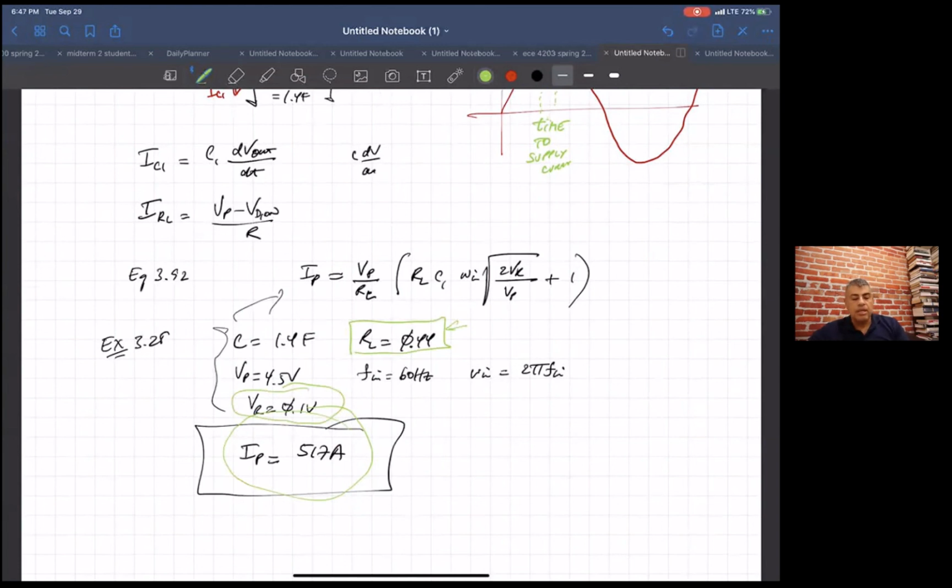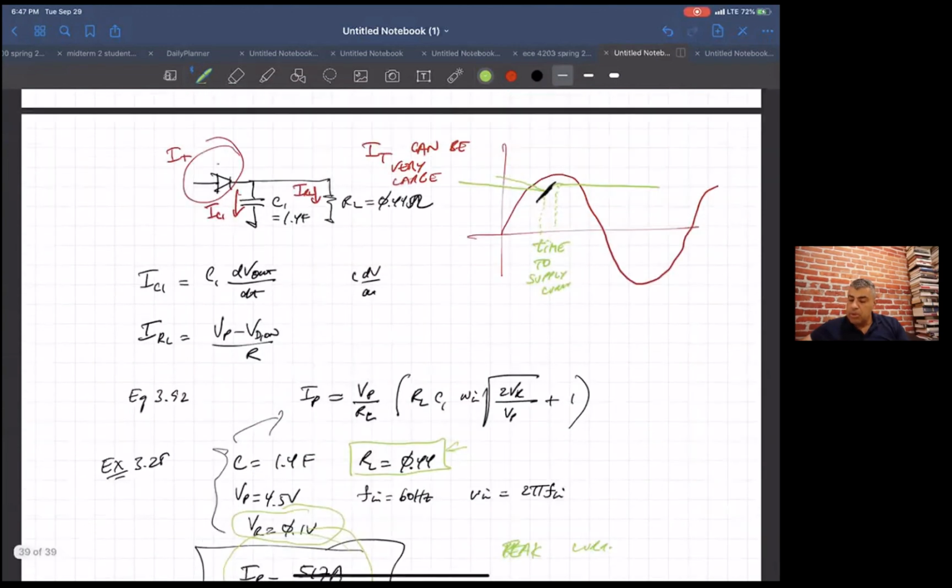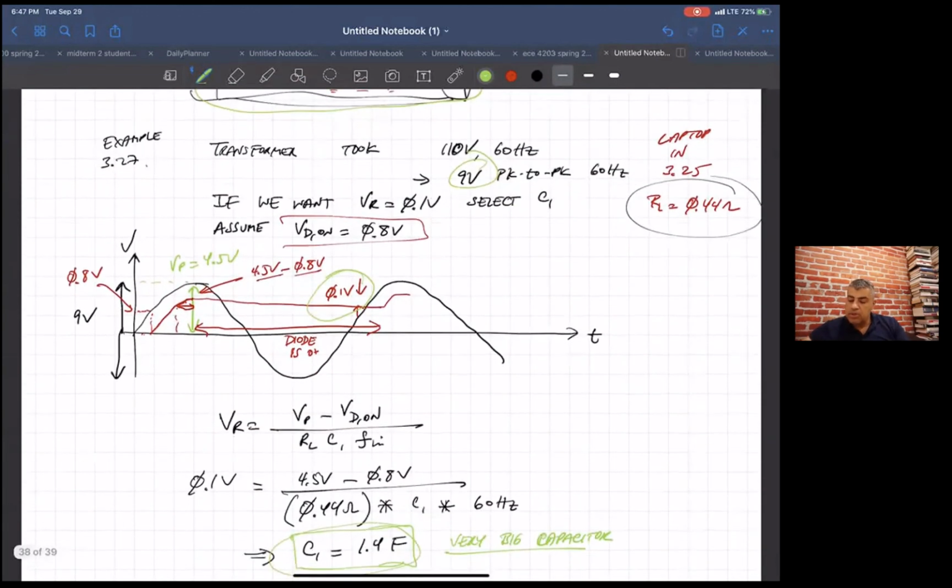So again, just remember that this is the max or the peak current that you have to worry about. And also remember that in this kind of circuit, from the input to the peak value, the diode had to have approximately 2 times the peak value.